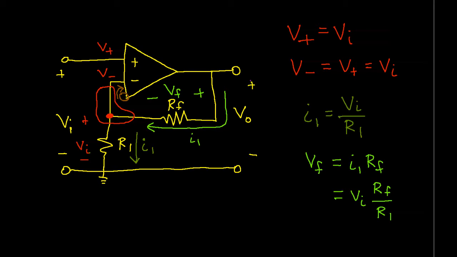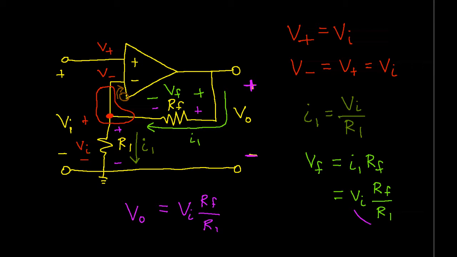The voltage at the output now, this V0, if you look at the way V0 is set up, it's the voltage across RF plus the voltage across R1. We know that the voltage across RF is VI times RF over R1.